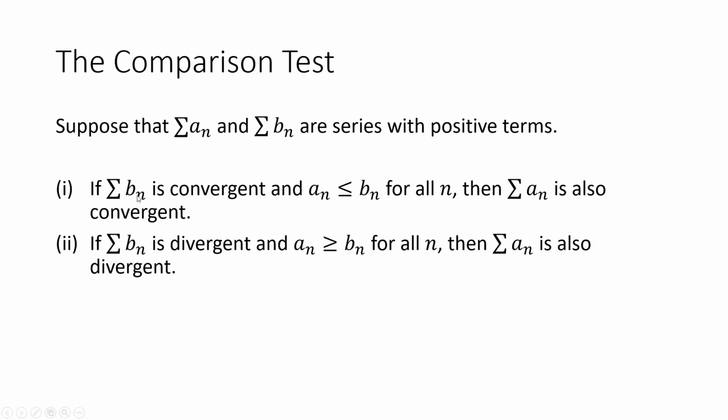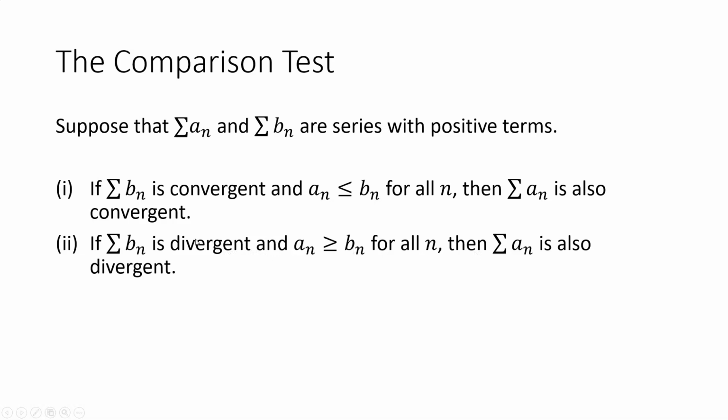So if the Bn series is convergent and the terms An are less than or equal to the terms Bn for all n, then the sum of An must also be convergent. Okay? On the other hand, suppose that we know that Bn is divergent and the terms of An are bigger than the terms of Bn. Then An must also be divergent.